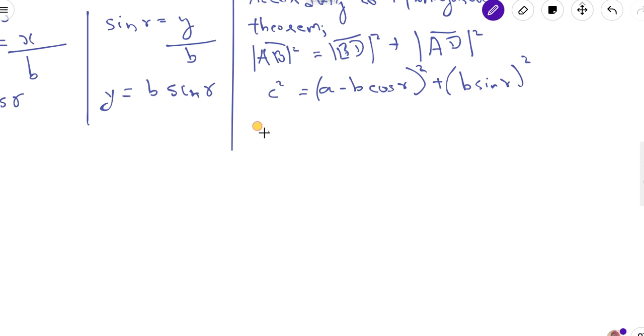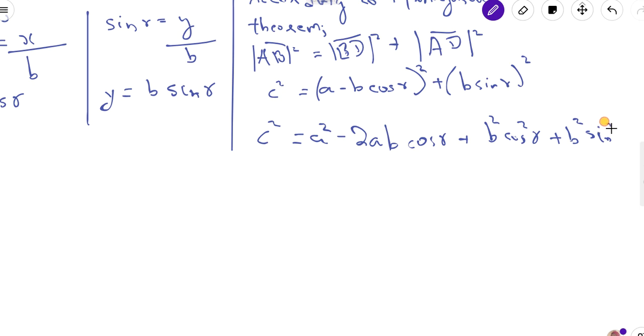So now we simply apply the common algebraic identity, the A minus B whole square formula. So it is going to be A square minus 2ab cos gamma plus b square, which is your b cos gamma, so it is going to be b square cos square gamma plus, and this thing is going to be b square sine square gamma.